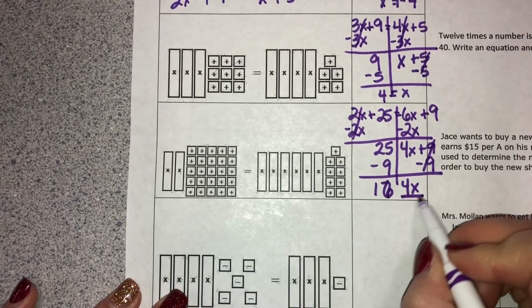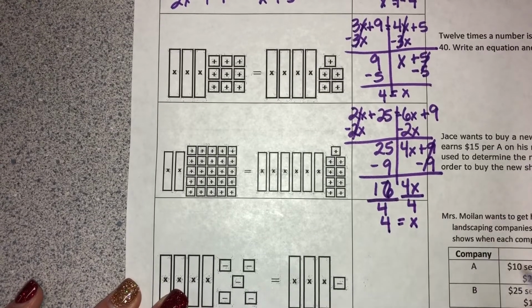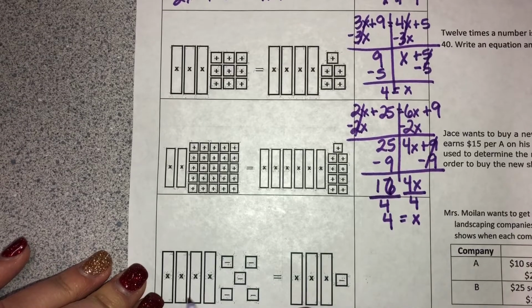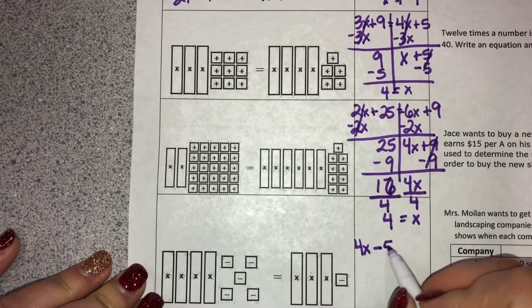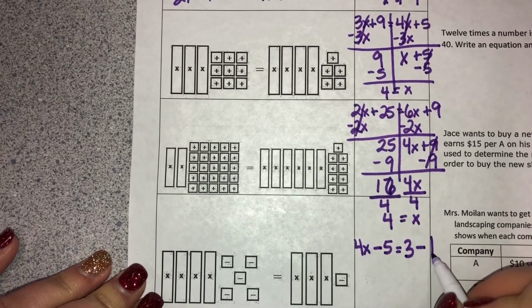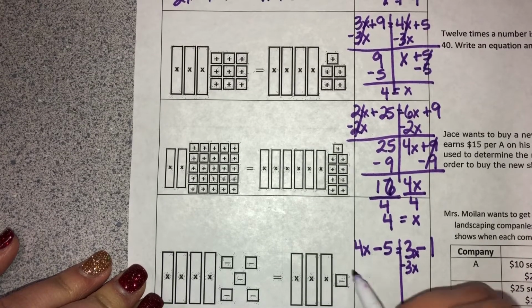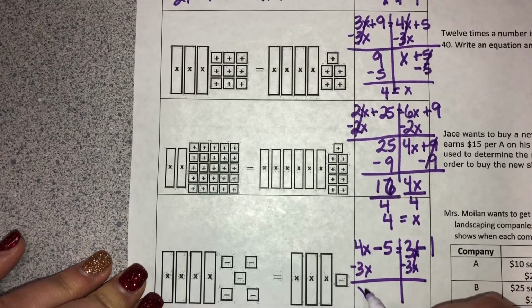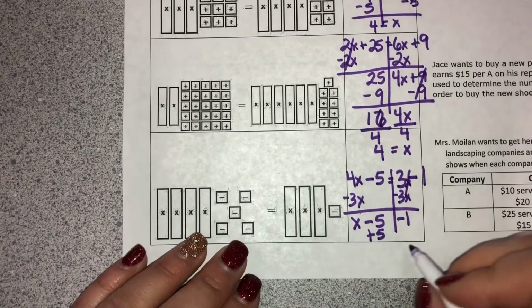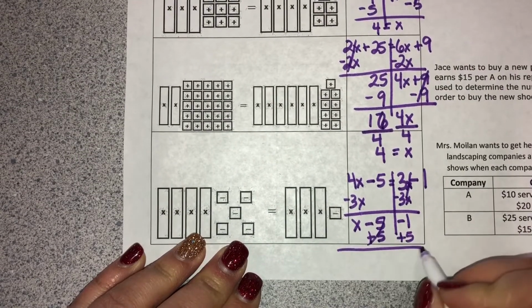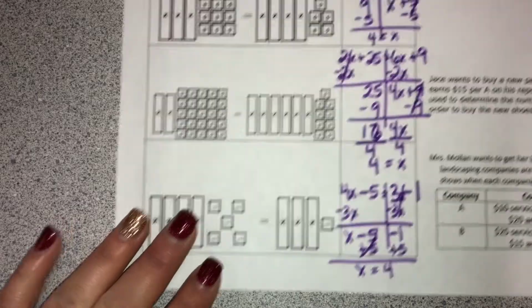Oh, yeah. Okay, divide by 4, x equals 4. Okay, and then this last one, 4x minus 5 equals 3x minus 1. Again, move the variables, minus 3x equals x, bring down, move the constants, x equals 4. Okay, so it looks like all of them equaled 4 except for that first one.